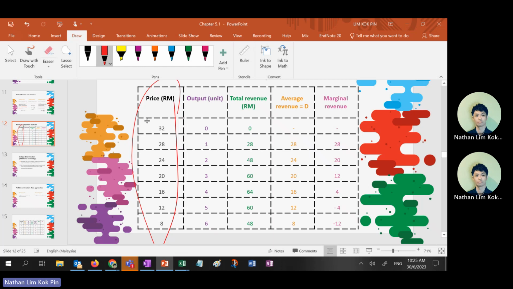In perfect competition, the price will be the same. For monopoly, monopolistic competition, and oligopoly, the price will be different. It will go down. The more you want to sell, the lower the price will be, right?